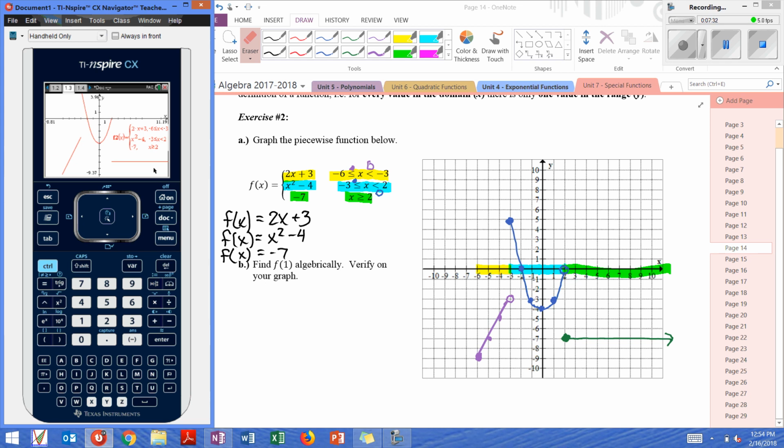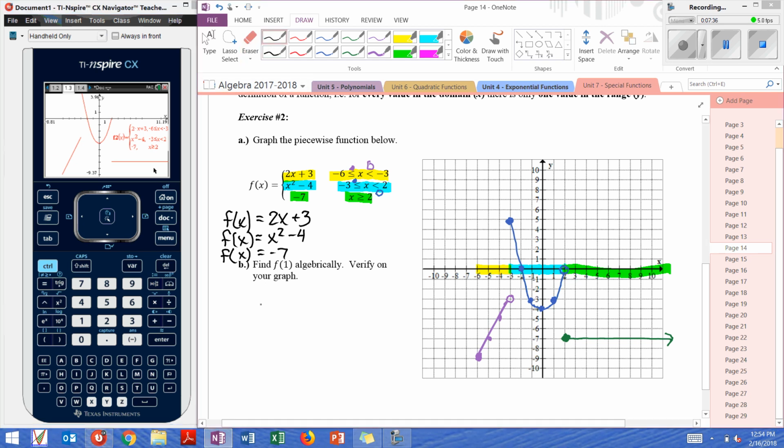Now f of 1, part B, says find f of 1 algebraically. So that is really saying x is equal to 1. The first thing we have to identify is what part of the function this pertains to: yellow, blue, or green. Well, x is 1. So is 1 in between -6 and -3? Is 1 in between -3 and 2?